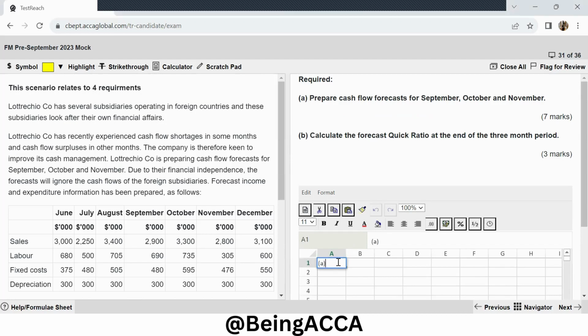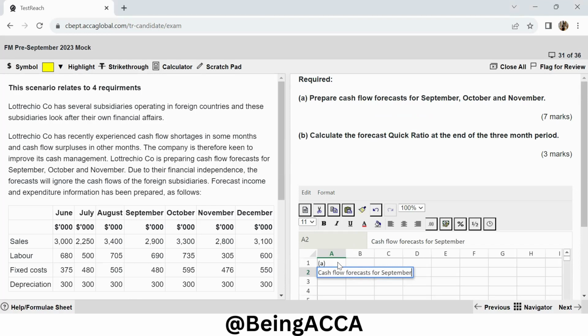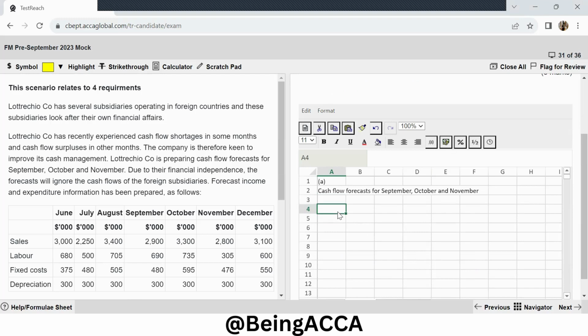First of all, I am writing the answer for part A, and this is the cash flow forecast for September, October, and November. Right. So let's get started. Let us put the names of the months first of all.